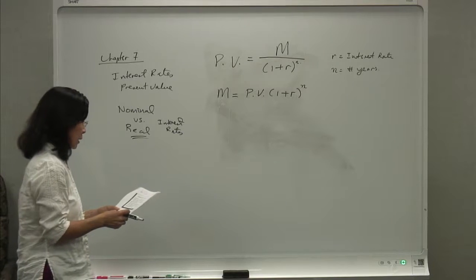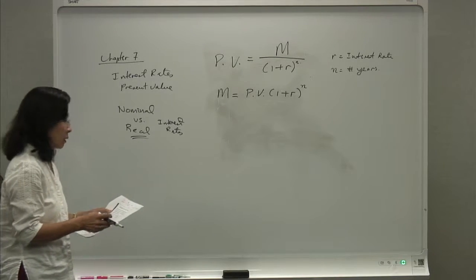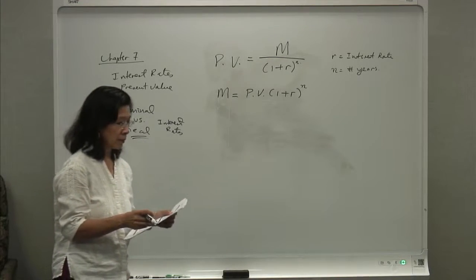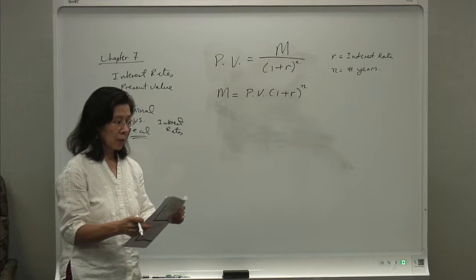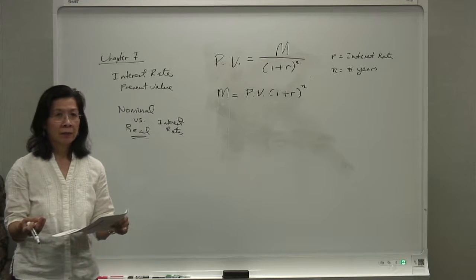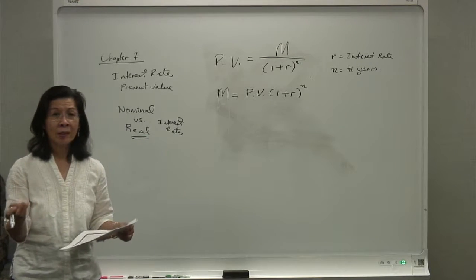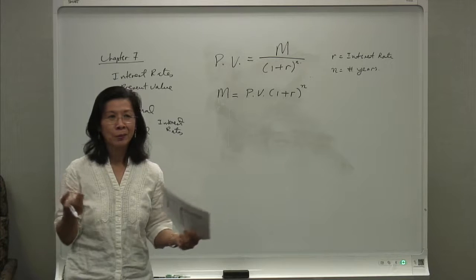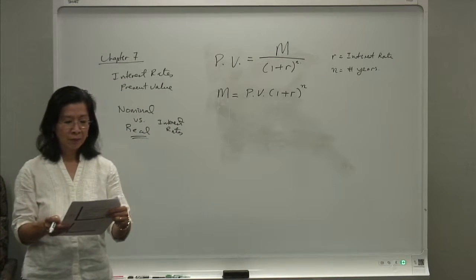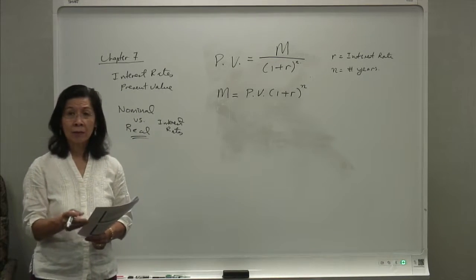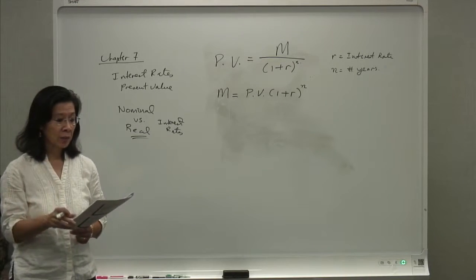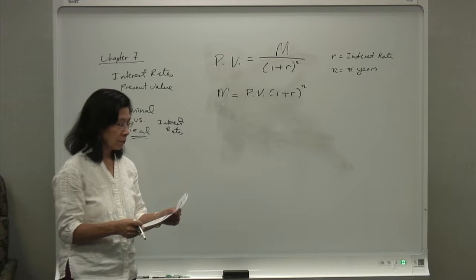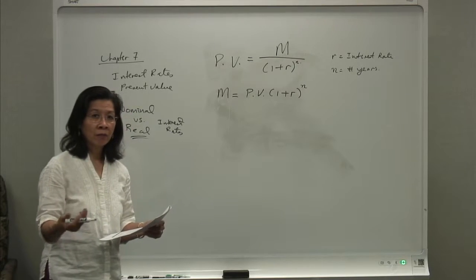So let's give one example. For example, according to that table 7.2, I believe. It says that if you borrow $1 today, although I don't know anybody would want to borrow $1 from anybody, and you promise to pay it back in 5 years at 5% interest rate, what would you owe at the end of that 5 years?